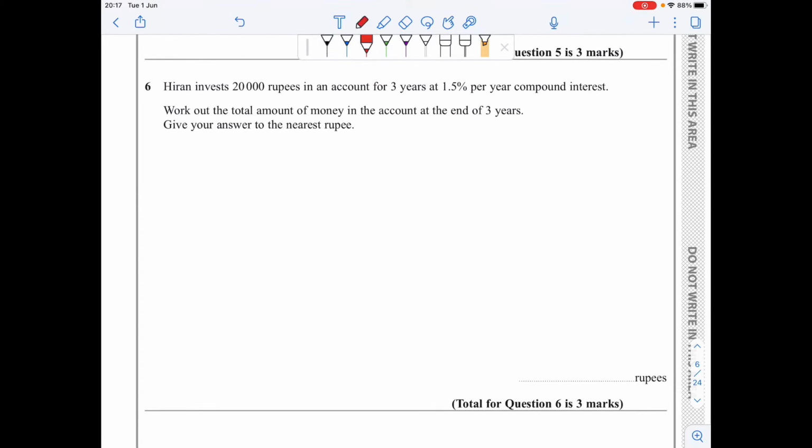For question 6, first note that an interest rate of 1.5% gives me a multiplying factor of 101.5 over 100, and as a decimal, this is 1.015.